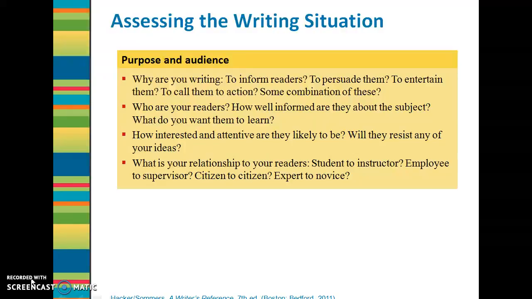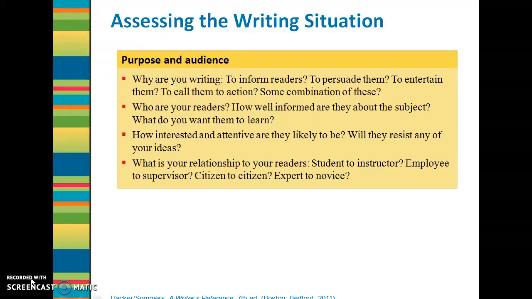And then what is your relationship to the reader? Are you writing strictly for your instructor, which is primarily what you're going to be doing in the class? Beyond the course, you may be writing to a whole different readership. Your job may require that you write, and you may be writing to a supervisor to solicit some funds for some new equipment, and you would need to know exactly how to approach that purpose.